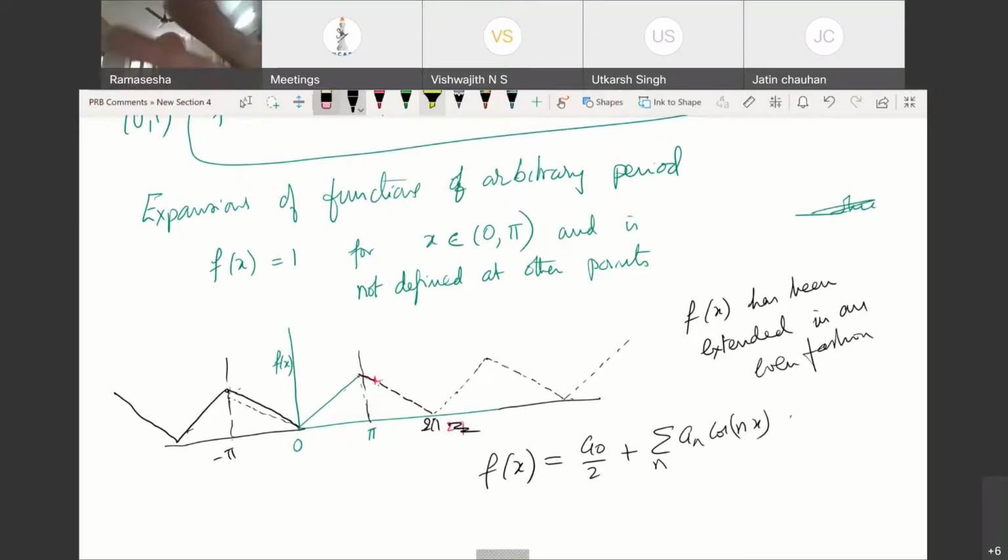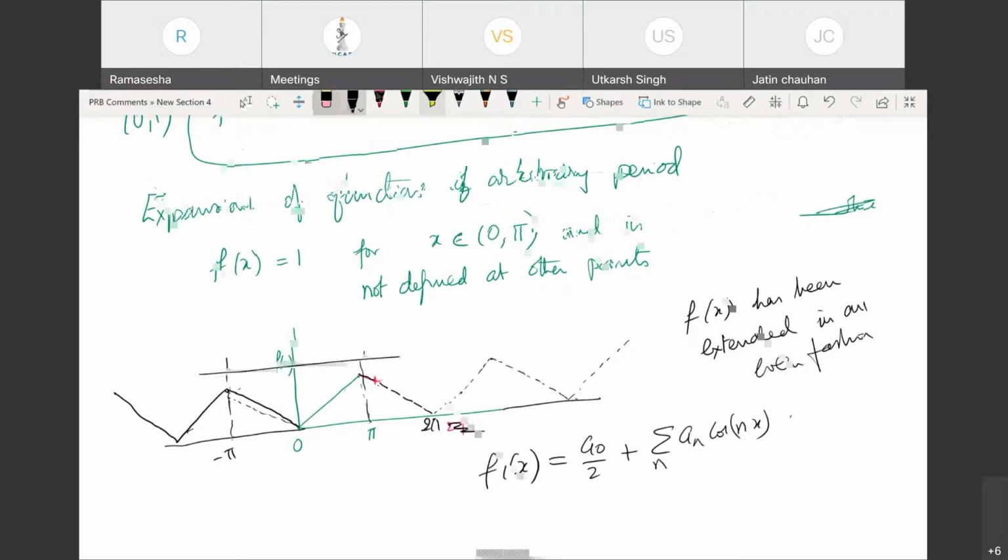But I can also expand it in a slightly different fashion, which is this one, over 0 to pi. I can expand it such that it extends beyond this. This is pi, and then this is 2 pi, 3 pi, and I can go on like that.